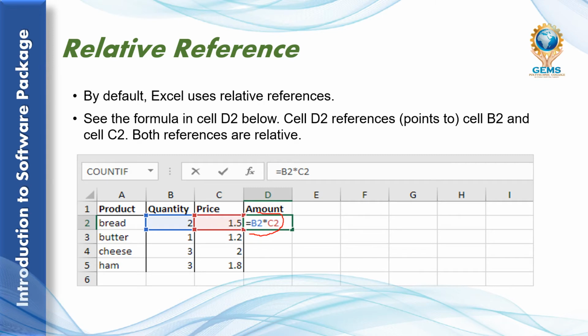The D2 cell references the cells B2 and C2, so both references are relative. In this formula, they are multiplying the B2 value by the C2 value, and they get the answer in D2.